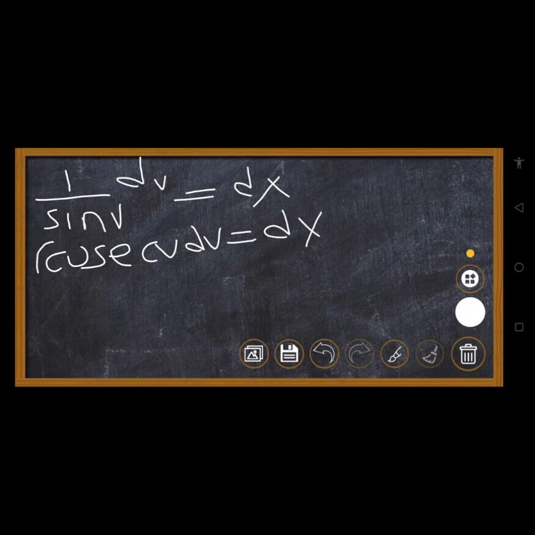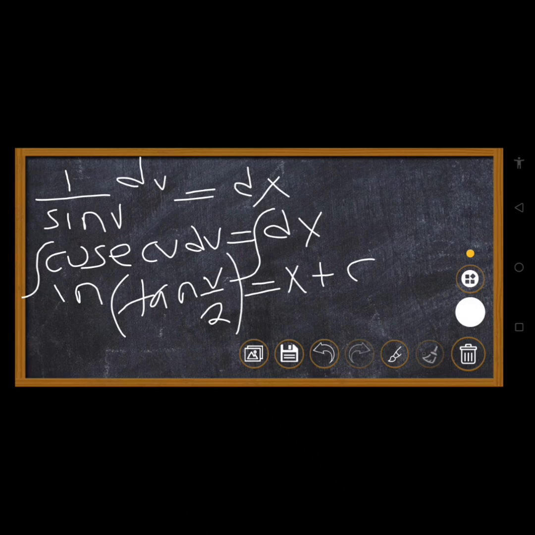So here let's integrate now. Always when you're integrating cosec, it gives ln of tan of the variable present over 2. Integrating dx, we have x plus the constant c. Now remember, where there is v, we had said v equals to y over x. So we have to replace where there is v with y over x.